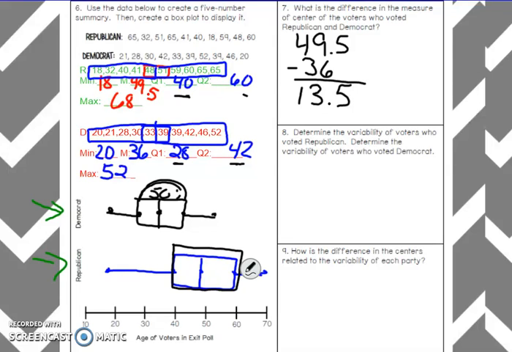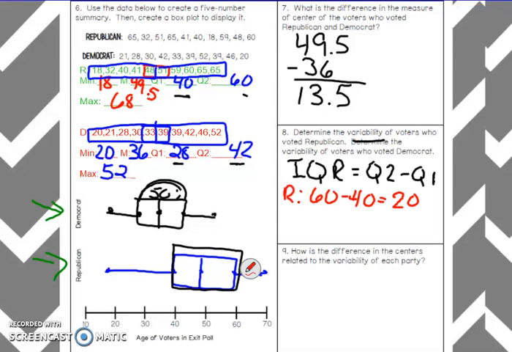Number 8 says determine the variability of voters who voted Republican. When they talk about variability, they're talking about the IQR, which is quartile 3 minus quartile 1. So in the Republicans, quartile 1 is 40 and quartile 3 is 60. So for the Republicans, we're going to do 60 minus 40, which is 20.